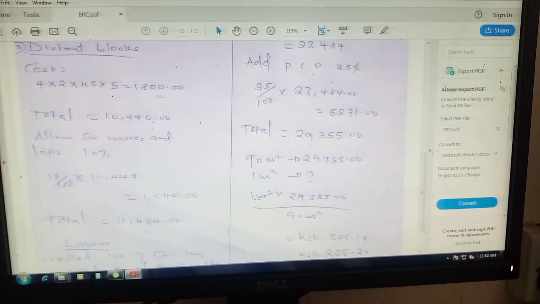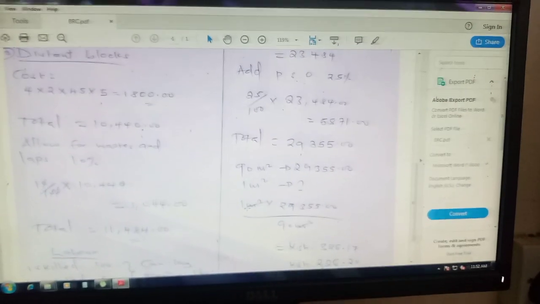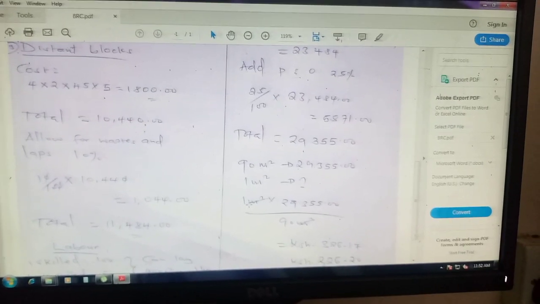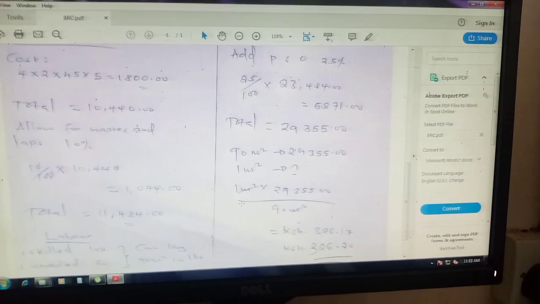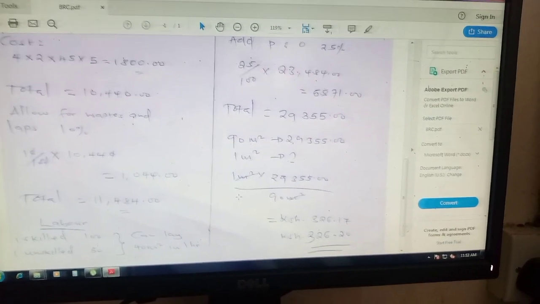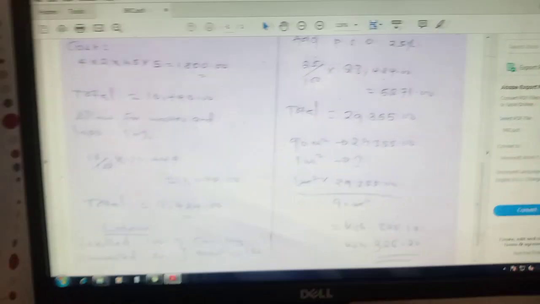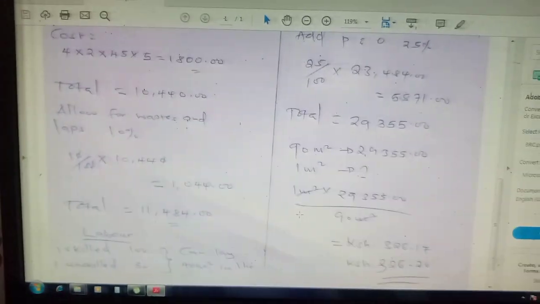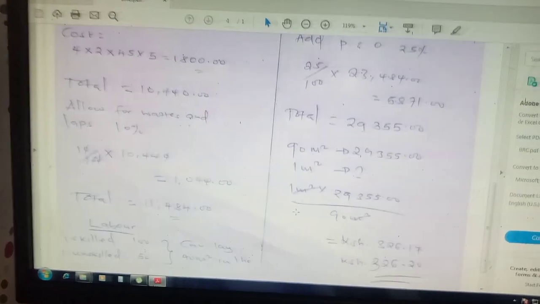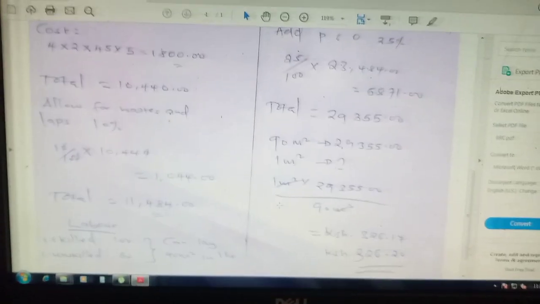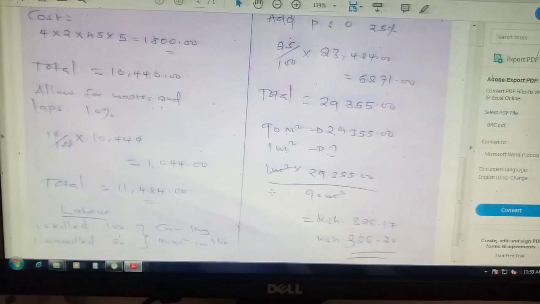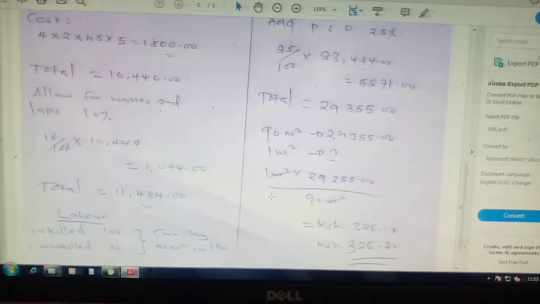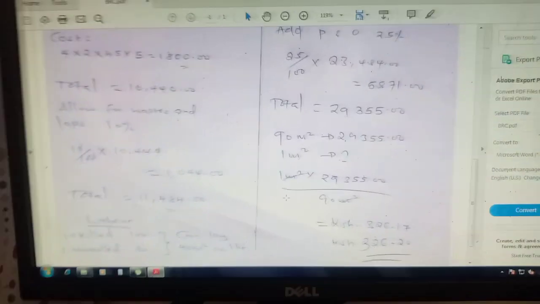So that is the total for the 90 square meters. But our rates we are giving in 1 square meter. So you divide that by 90, you will get 326. So when you want to bill for BRC, the rate that you will use for your BRC A142 mesh will be 326 and 20 cents.